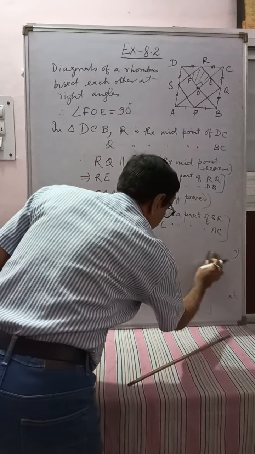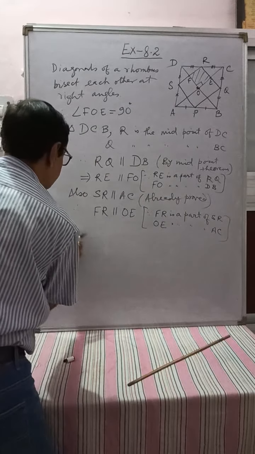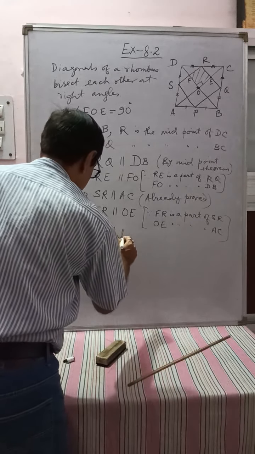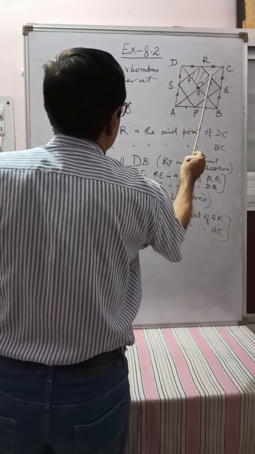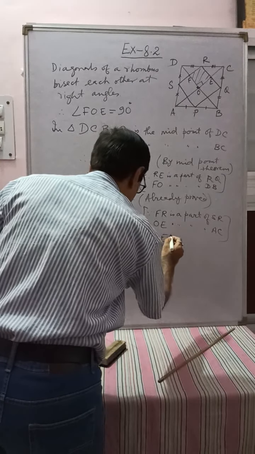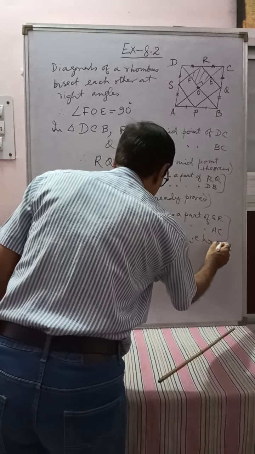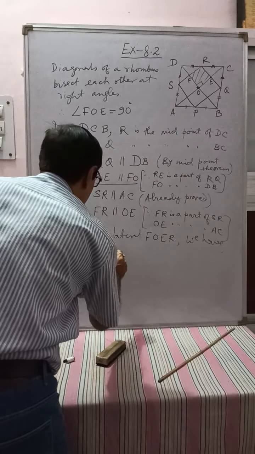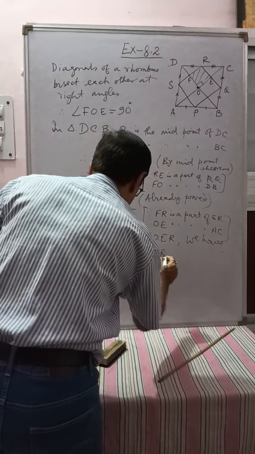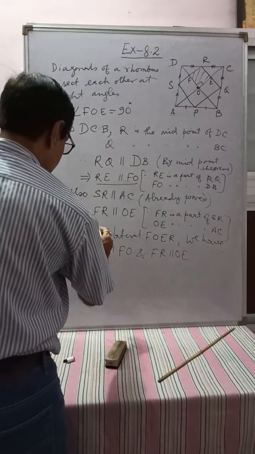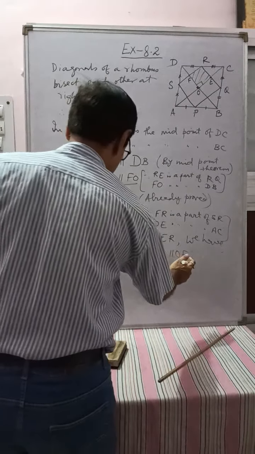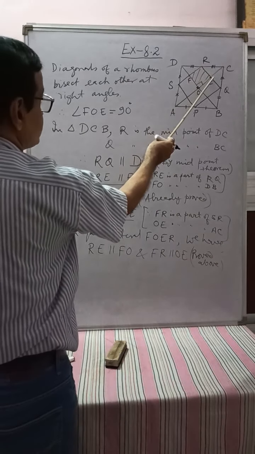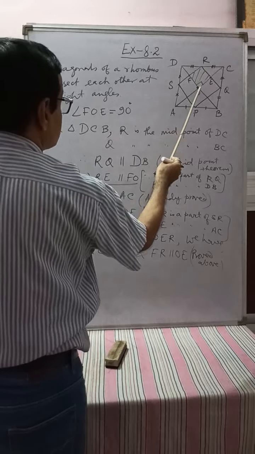So in quadrilateral FOER, we have already proved RE parallel to FO and FR parallel to OE, as shown above.